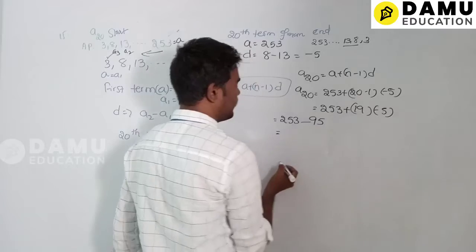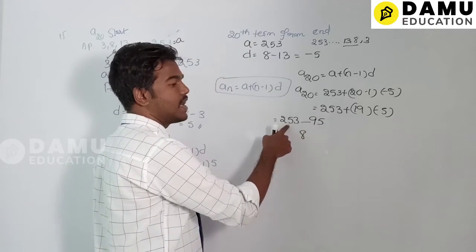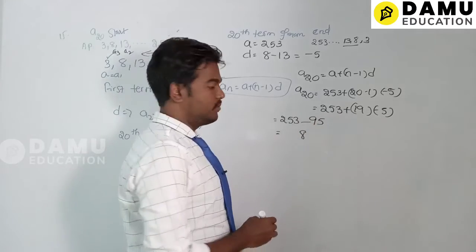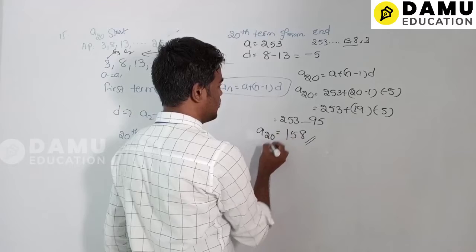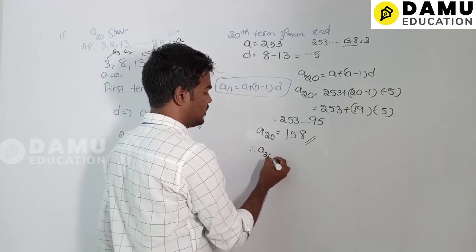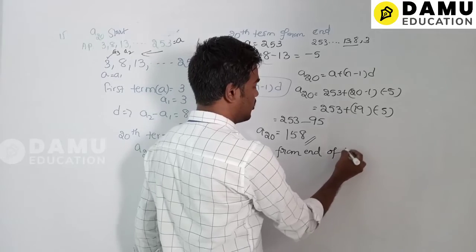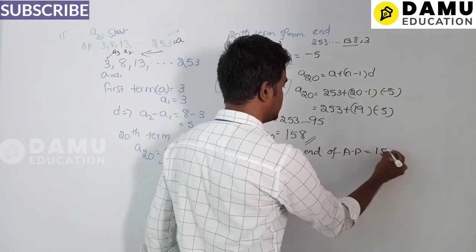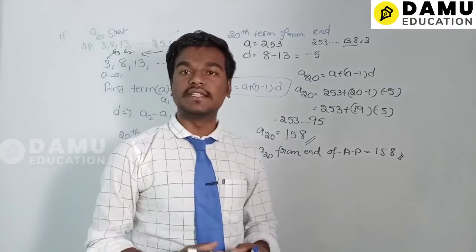So 253 minus 95 gives 158. Therefore a20 from the end of the AP is 158. This is the way to find the calculations.